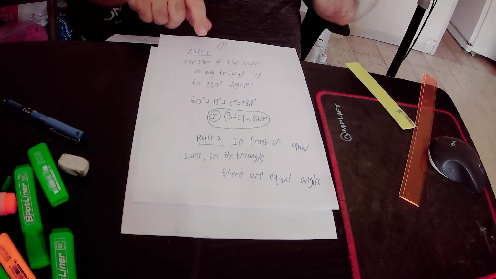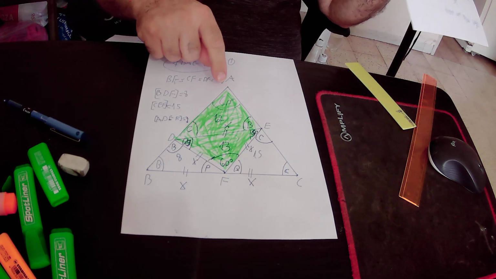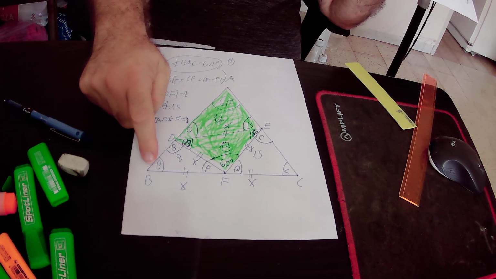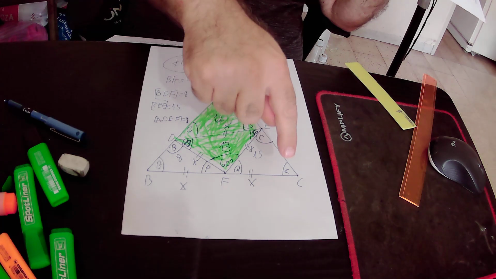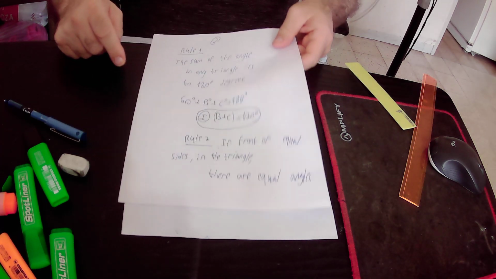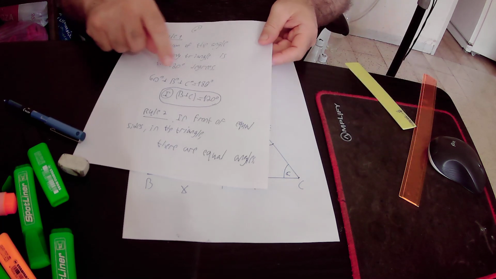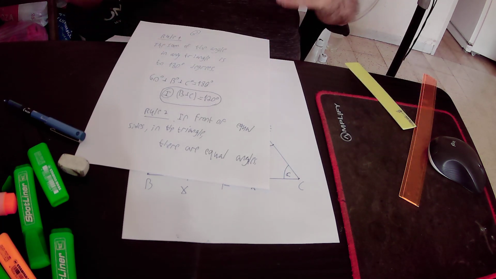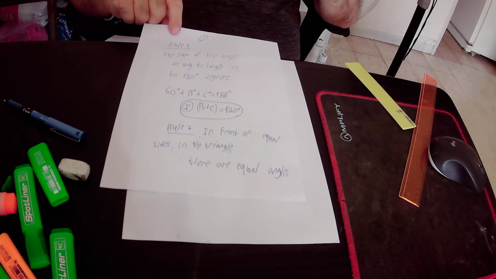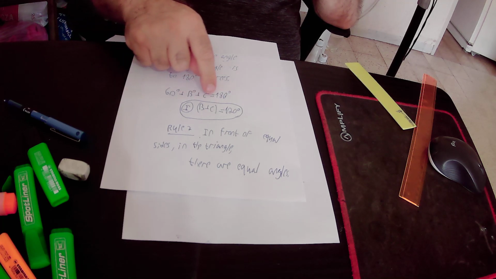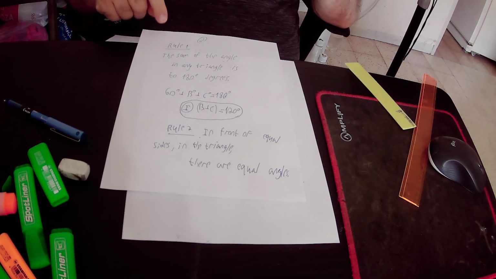We subtracted 60 degrees from this equality, and we got that B plus C equals 120 degrees.